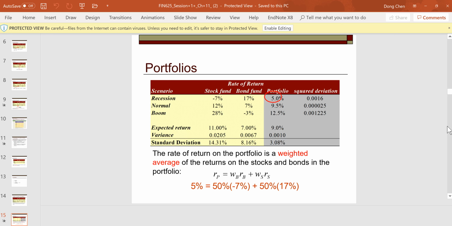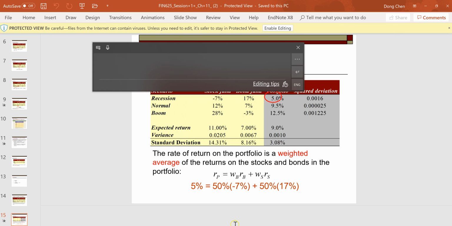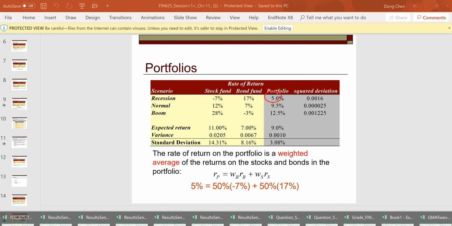The weight is simply the proportion of the wealth invested in that asset. So that's how we get the expected return of a portfolio.